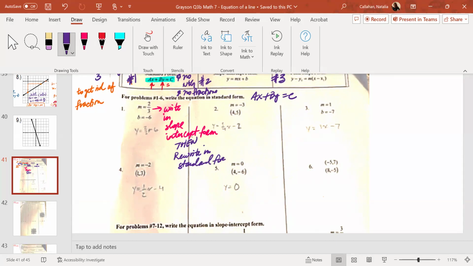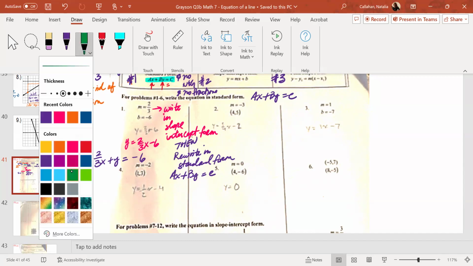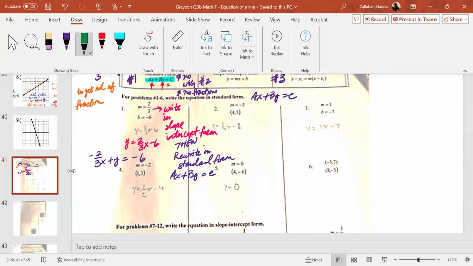What's standard form again? Ax. So let's do that. You wrote this as y is equal to 2/3x minus 6. Now rewrite this in standard form. I was hoping you'd make a little bit more progress on that. Do you understand?